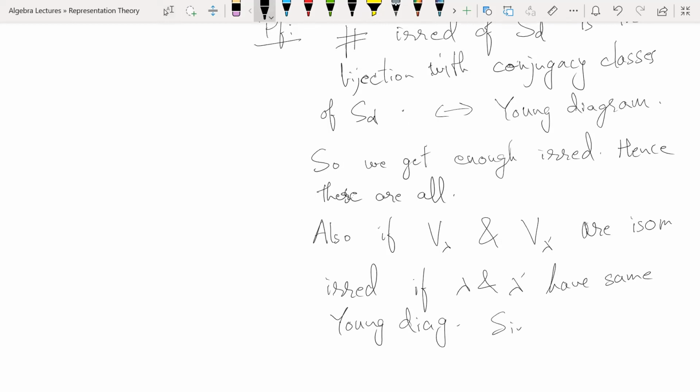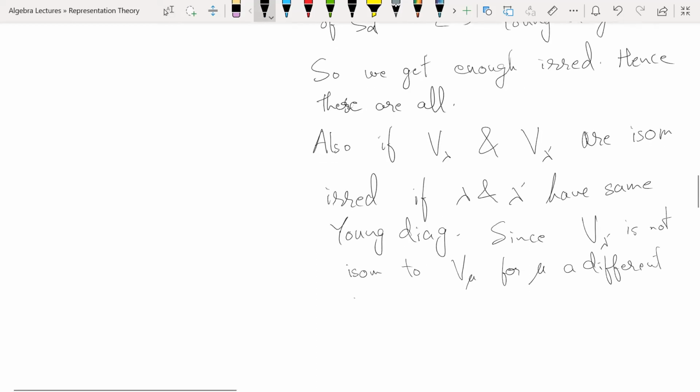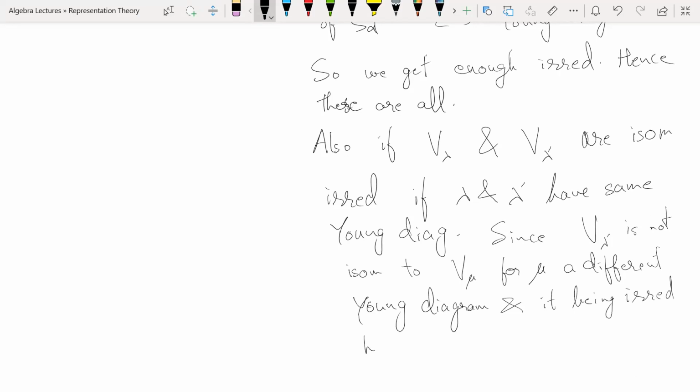Since V lambda prime is not isomorphic to V mu for mu a different diagram, and it being irreducible has to be isomorphic to one of them, the only one remaining is just V lambda.